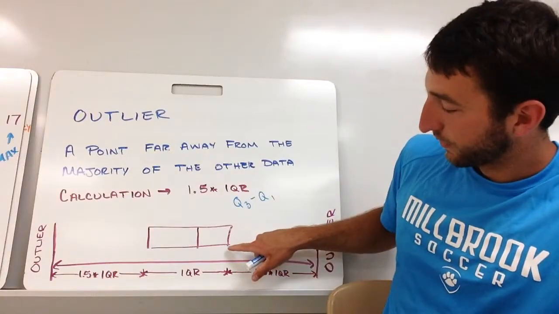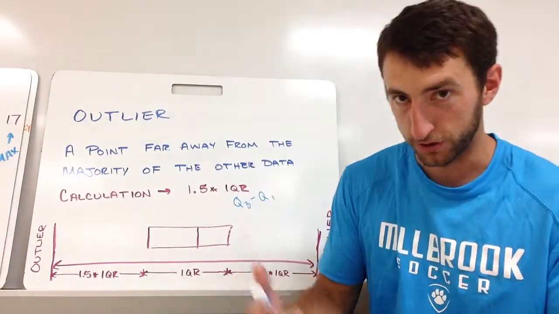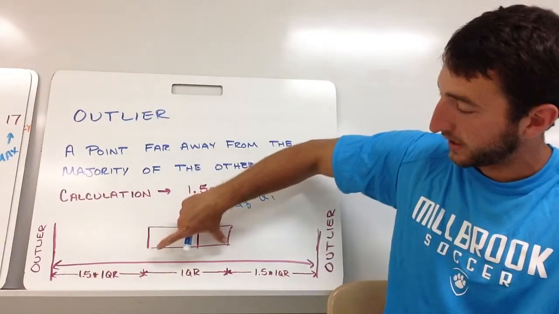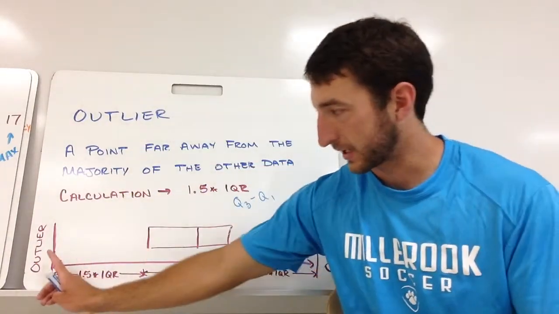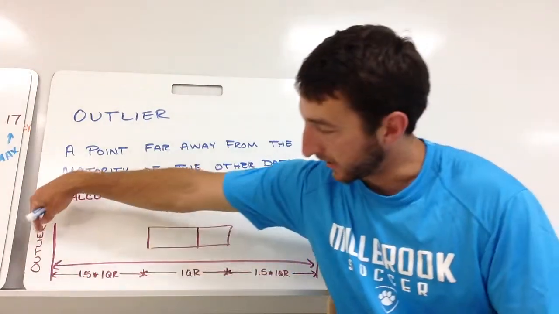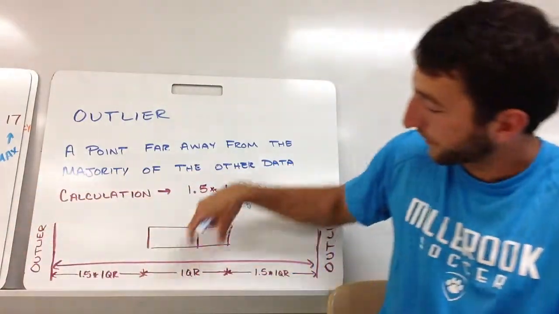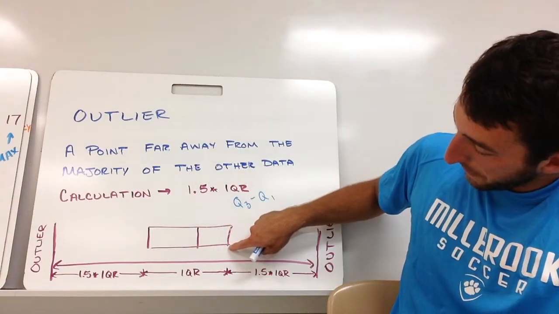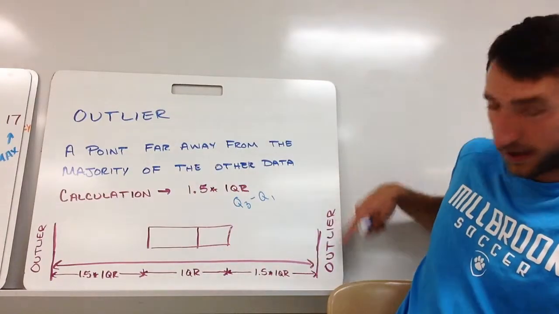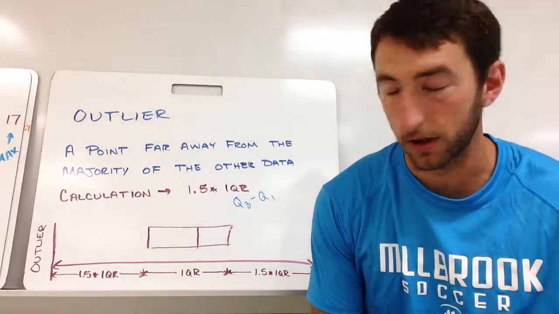So that is the distance from this point to this point. You just subtract them. And then after you get that distance, you're going to multiply by 1.5 and subtract it from that side. Anything below that is an outlier. Then we're going to take this same number that we found and add it to here. Anything out here is also going to be an outlier.